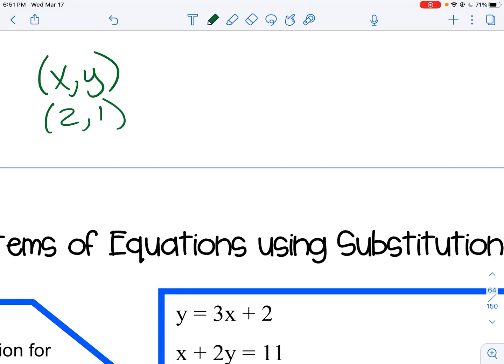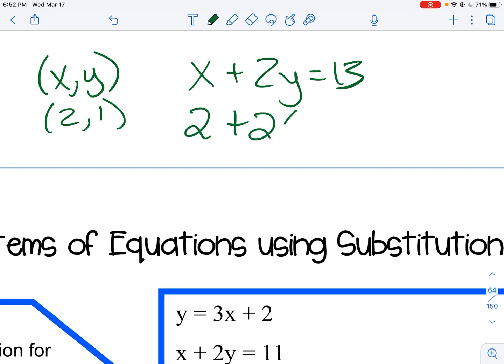If I have this right here, and I have the equation, and I want to figure out if this is actually a solution, then I would plug in the 2 for the x and the 1 for the y. 2 plus 2, does that equal 13?